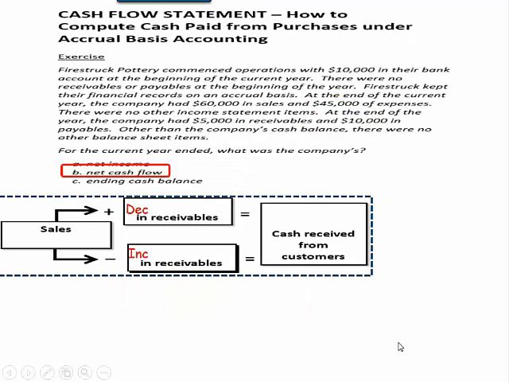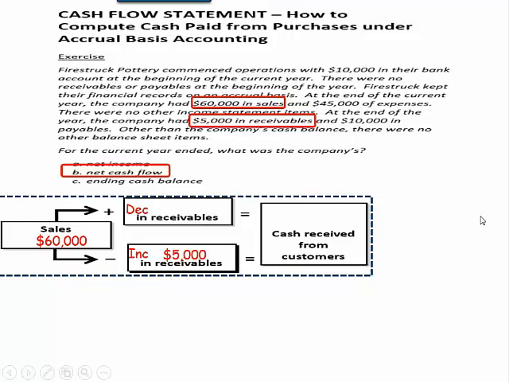B is actually not that complicated because we're simply going to use those same diagrams that we used before. We're going to pick out the information we need for net cash flow. The first thing is the company had $60,000 in sales, and we entered that into the diagram box. Then we know the company had $5,000 as an ending balance in receivables.